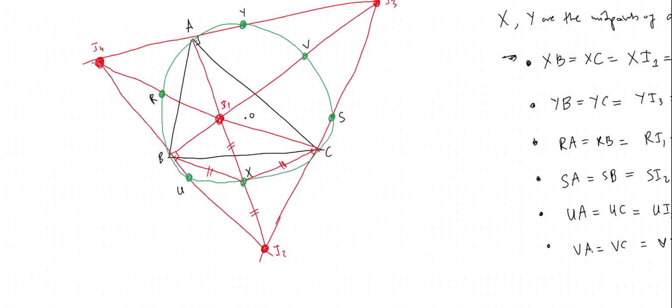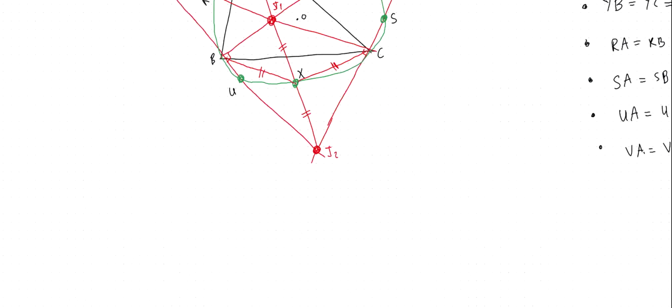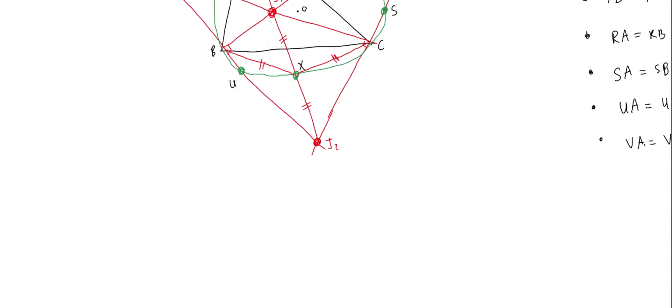For example, the powers of the tangent circle centers. They are all analogous. We can just do one of them. Tangent circle centers with respect to the circumcircle.